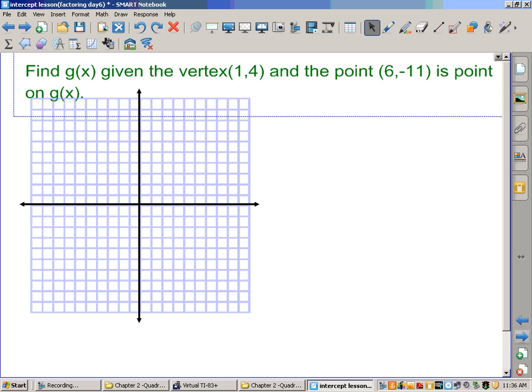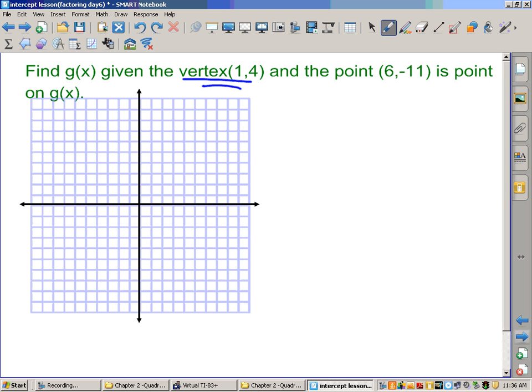Jen, what do you think this time? What formula should we use? Vertex, standard, or intercept? What did I give you up here that you could automatically key into? Yeah, the vertex. Because did I give you any x-intercepts this time?